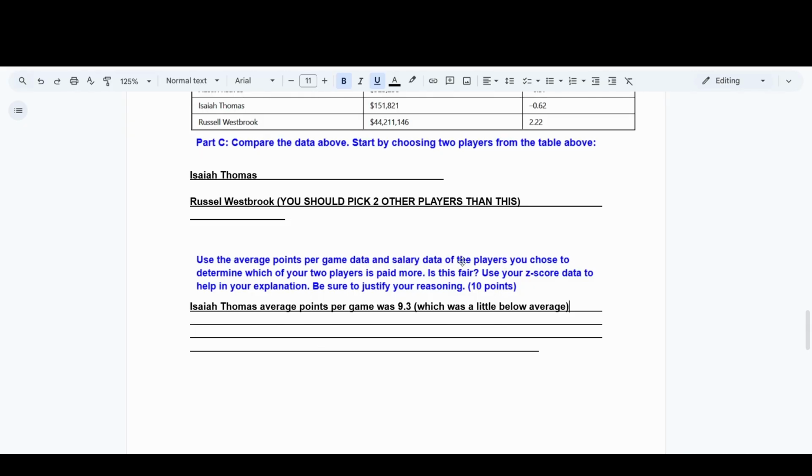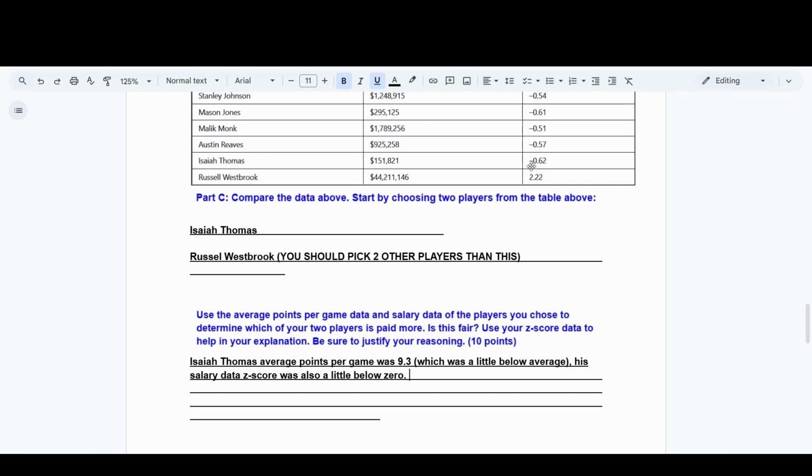And let's look at his salary data. His salary z-score was also below 0. Right, he had a salary z-score of negative 0.62. So this seems fair, at least according to statistics.